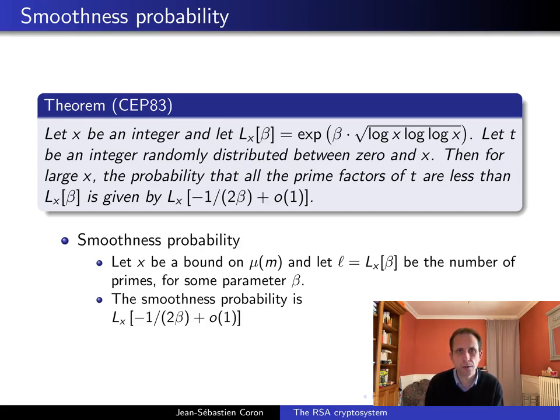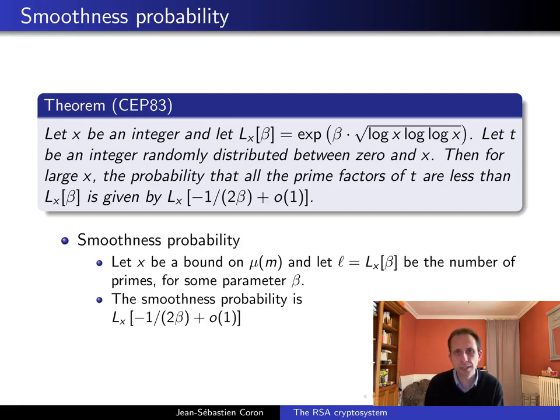So there is a theorem which says that if x is an integer, we define the function L_x of β, which is exponential of β times square root of log x log log x. And then if we consider t an integer randomly distributed between 0 and x, then we know that for large x, the probability that all the prime factors of t are less than L_x of β, so it is L_x(β)-smooth, this probability is L_x of −1/(2β) plus something negligible.